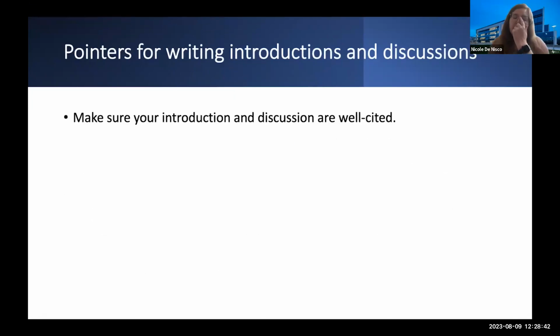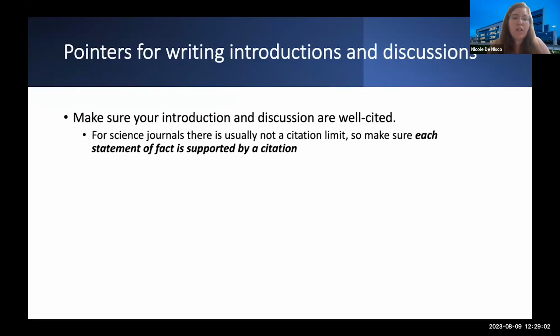Additional pointers for writing introductions and discussions: you want to make sure they're well cited. Usually the first feedback I'll give my students in these sections is that you don't have enough citations, and you need to make sure that every statement of fact is supported by a citation. For basic science journals, there's usually not a citation limit.